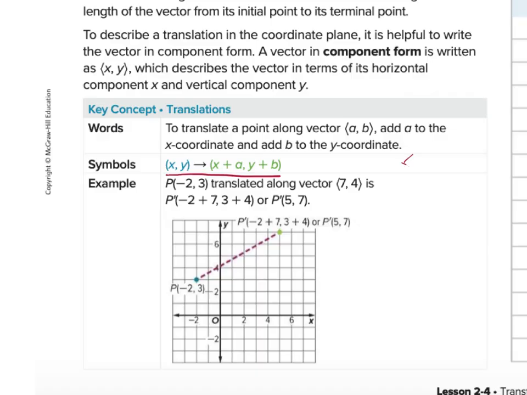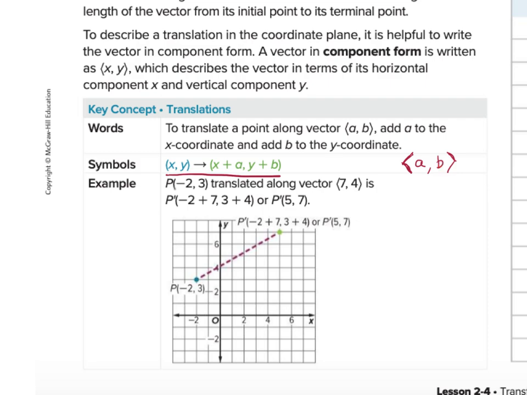Well, we just would say this vector, vector a, b. So it's just saying that I'm going to take all of my points and move the x values this value, and the y values this value.